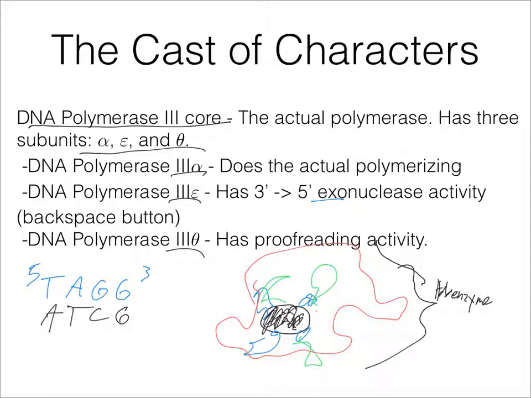So nuclease means to remove a nucleotide. Exo means to remove a nucleotide from the end, and this means that you're going to be removing it from the 3' end. So what we're going to do is take this G right here, and we're going to remove it.